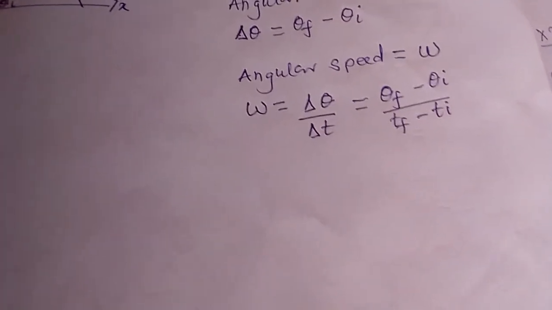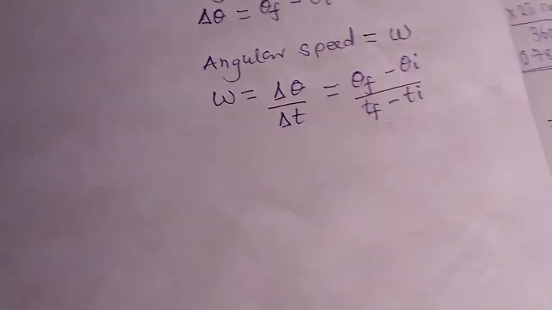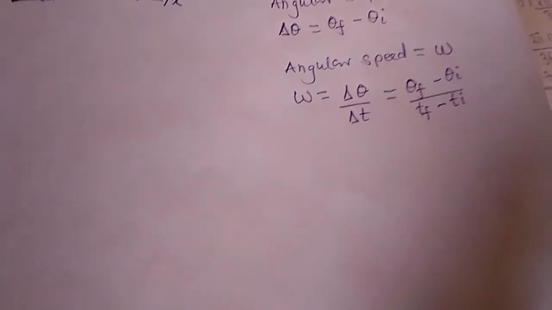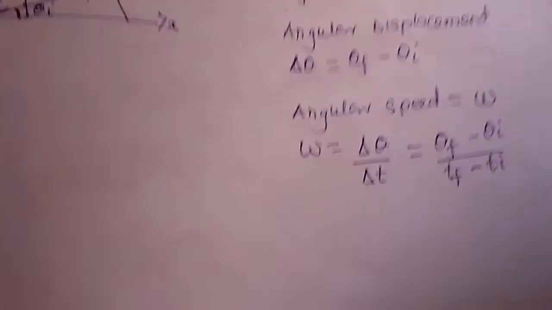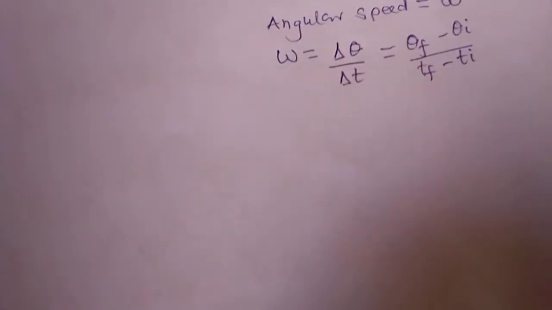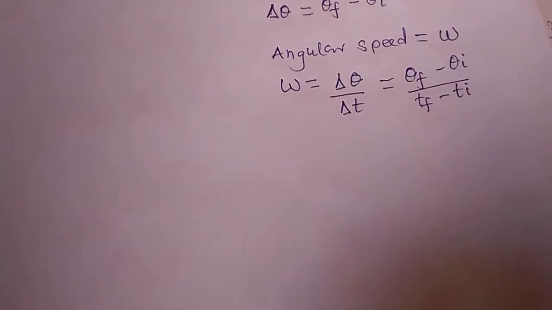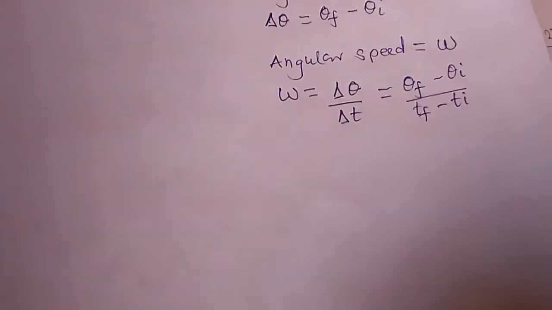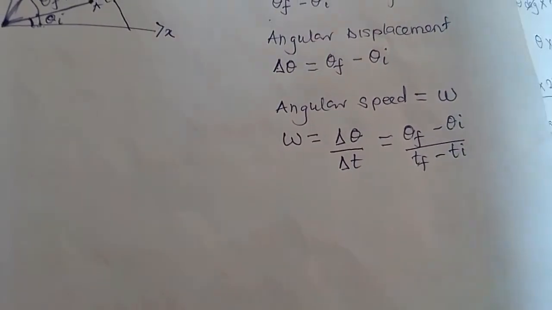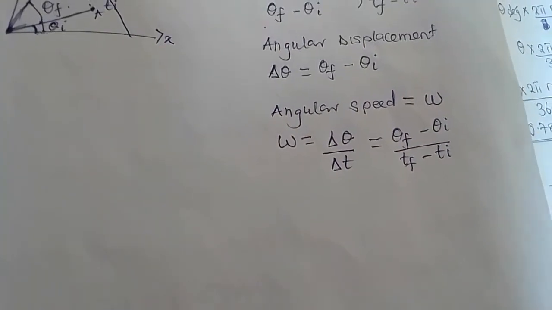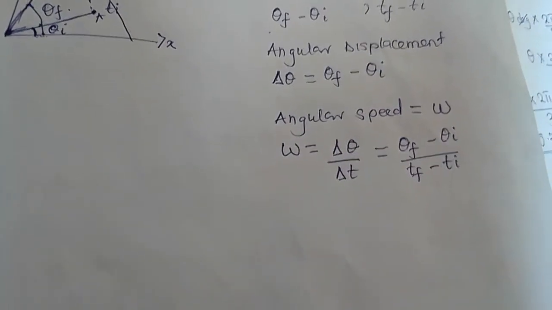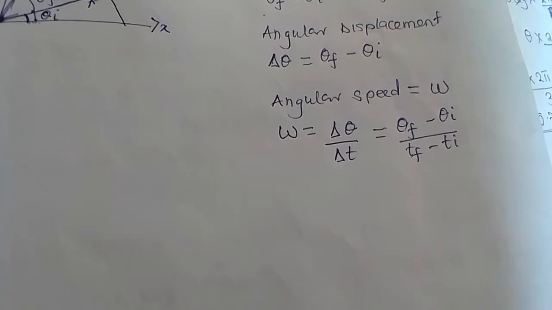Or before we go to angular acceleration, we can also talk about average angular speed. By average angular speed, we are talking about situations where we've got different speeds, just like we had in linear motion, where we had bodies moving at different speeds, and then we would find the average of that. We can also do the same with angular motion.